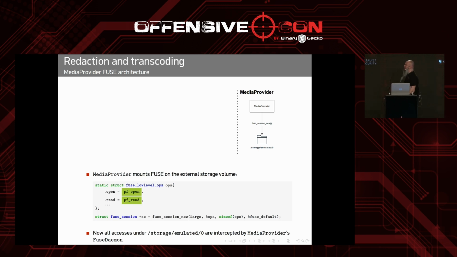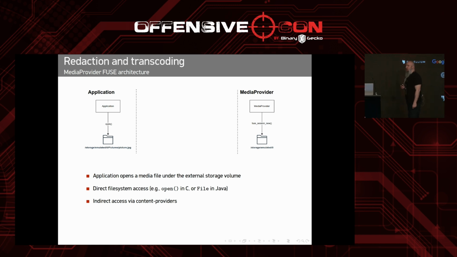So the media provider starts up and uses libfuse to create the mount point under storage/emulated/0, or SD card for short, and passes a struct to that function. That struct holds the callbacks that will be executed when certain system calls are performed on files under the SD card mount point. Now, let's say we have an application that opens a file under the SD card, let's say SD card/Pictures/picture.jpg.